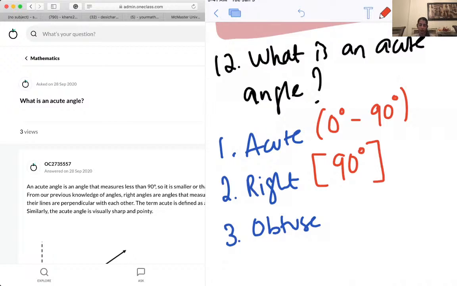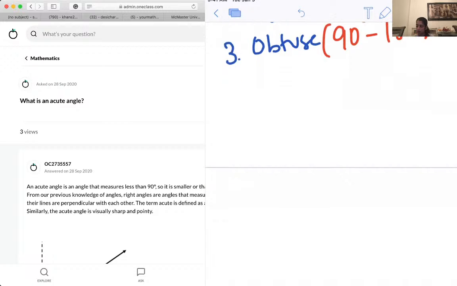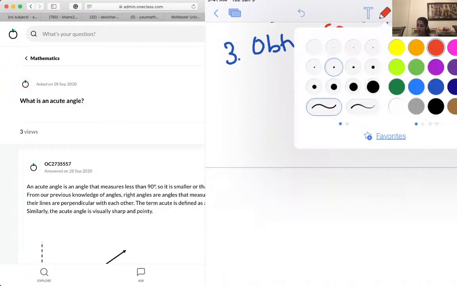So if you're given an angle which is exactly 90 degrees, you know that that's a right angle. And obtuse is from 90 to 180 degrees. Just kind of remember that. And I will draw what each of them looks like.